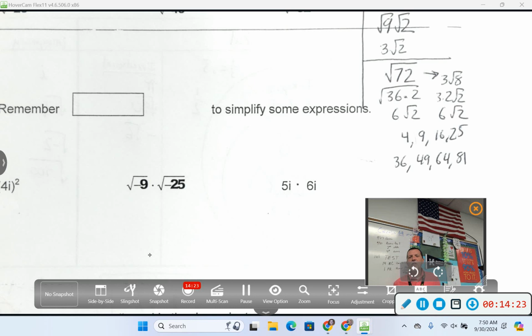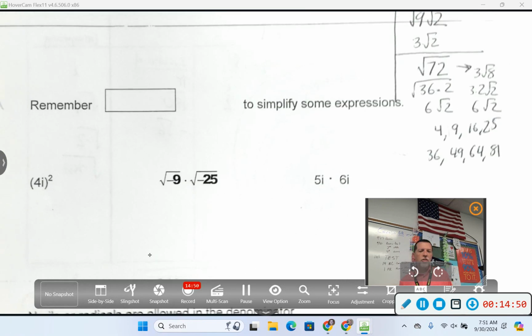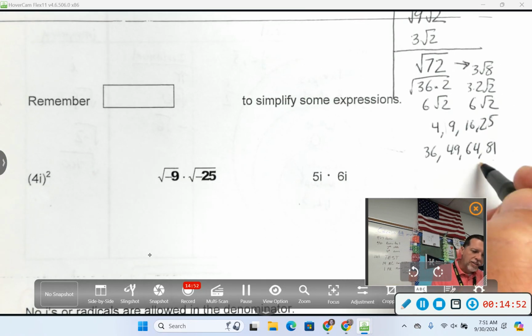That's probably as far as we'll go. 121, 144, 169, 196, 225, there you go. 16 squared, 256. You're not going to need to know past 100. I guess I should write 100 down there.